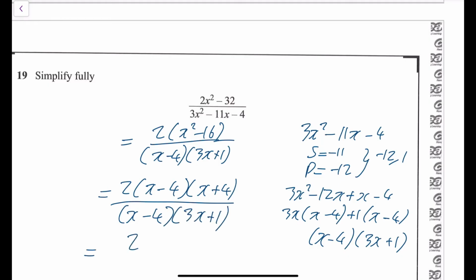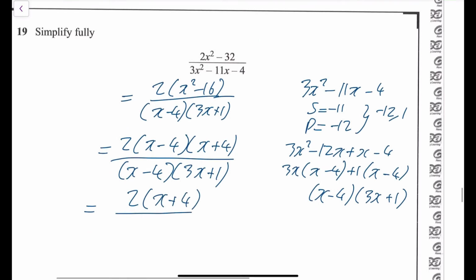And then that is 2 times x plus 4 all over 3x plus 1. Sorry, I forgot to say how I got that. You can see your x minus 4's cancel, and that is it. That's all that can cancel. Big mistake people make is they try and cancel the x's out of the last bit. You cannot cancel them as they're not multiplying everything throughout.